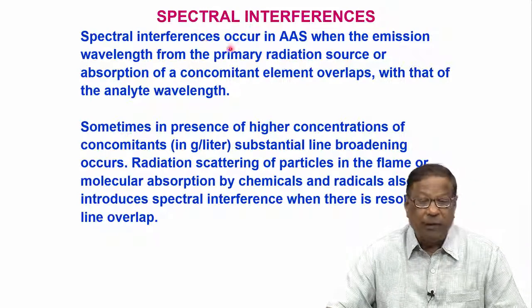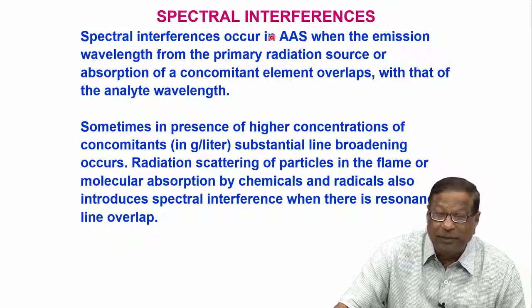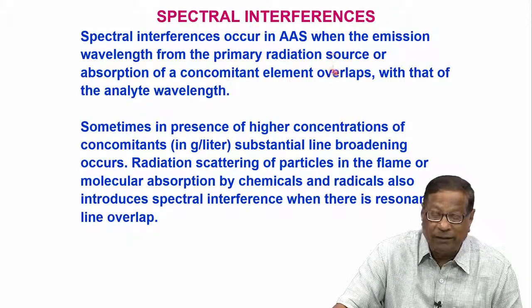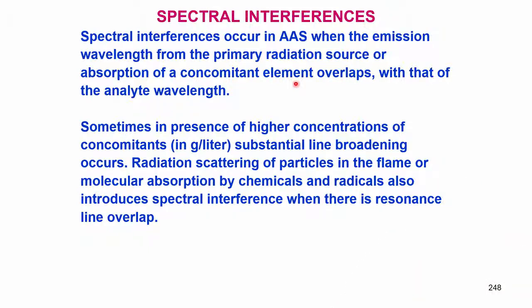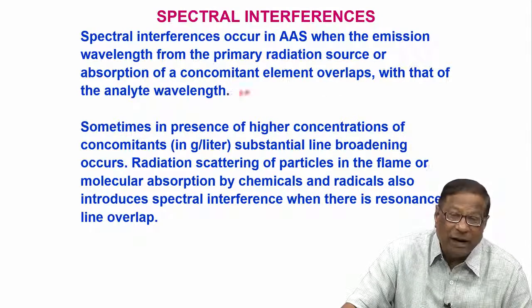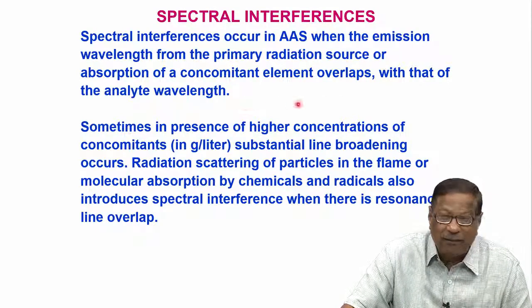So, what are spectral interferences? As I told you, spectral interferences occur when the emission wavelength from the primary radiation source, or the absorption of a concomitant element, overlaps with that of the analyte wavelength.